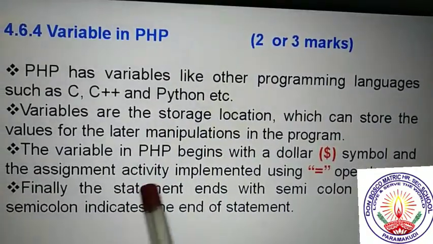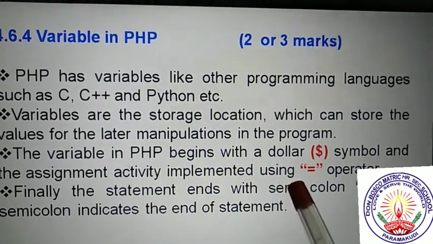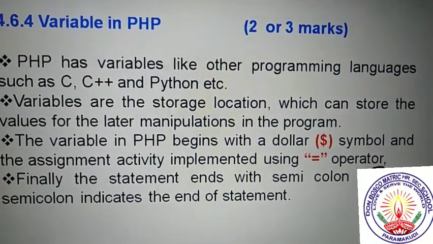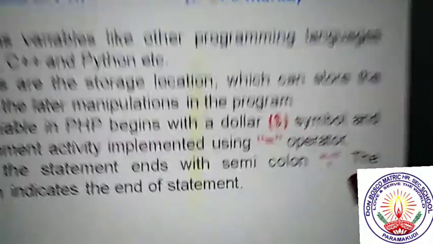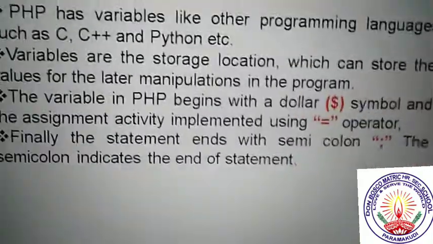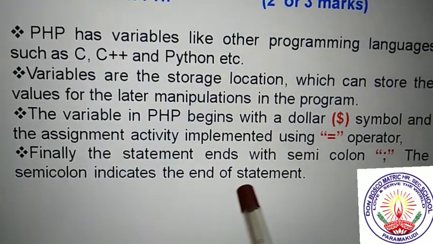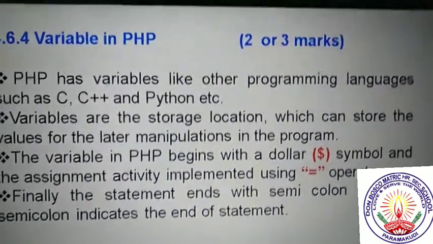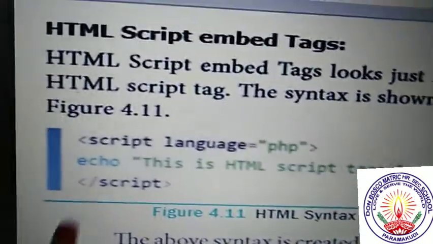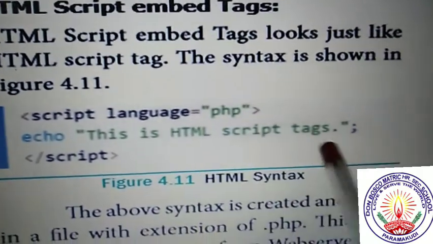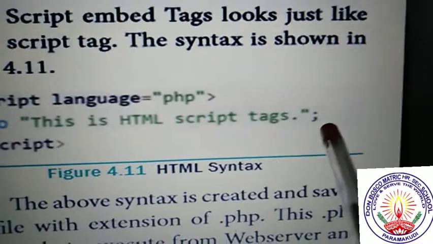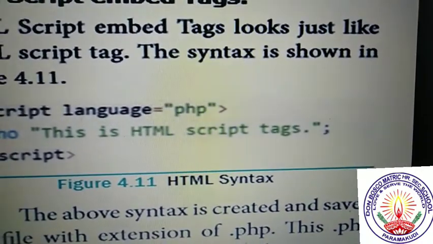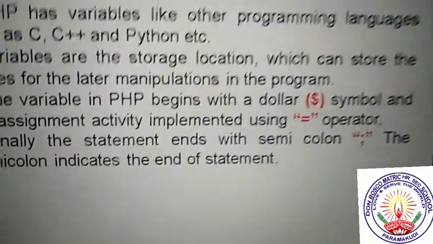And the assignment is done using the equal operator. Finally the statement ends with a semicolon. The semicolon indicates the end of the statement. You already know, every statement in the program, when the statement is completed in the line, you have to put the semicolon, because the semicolon is the termination of the given statement.